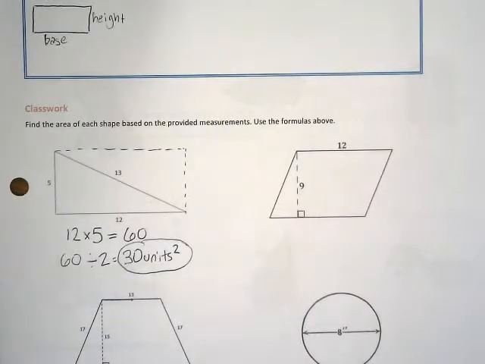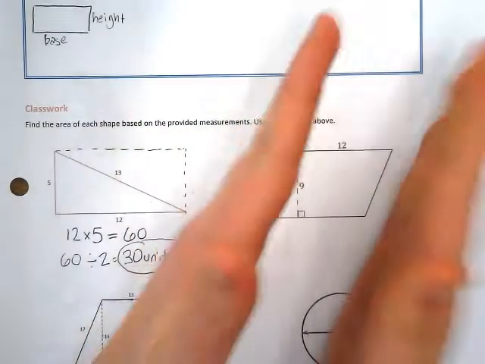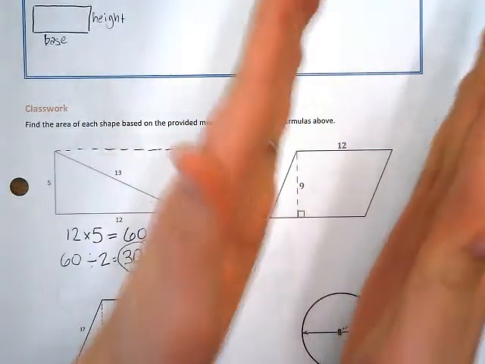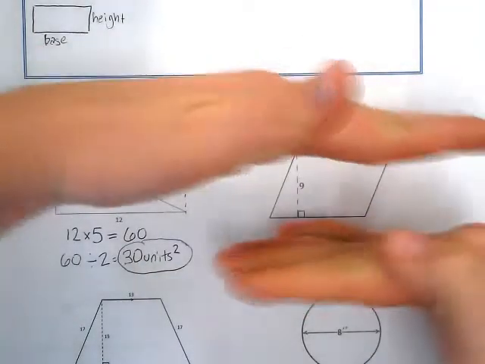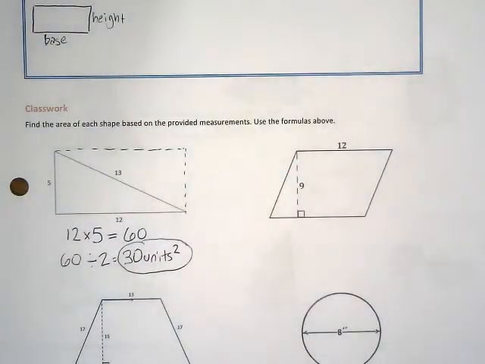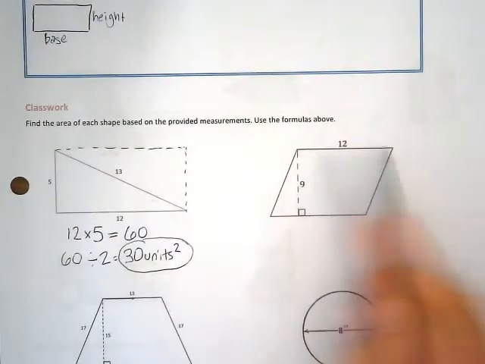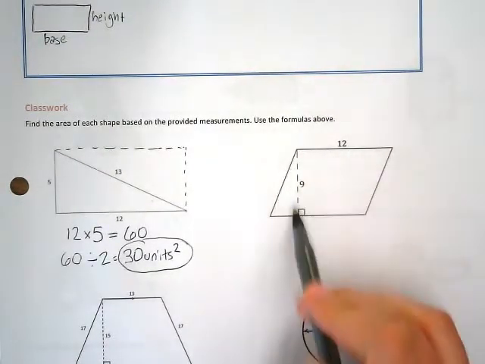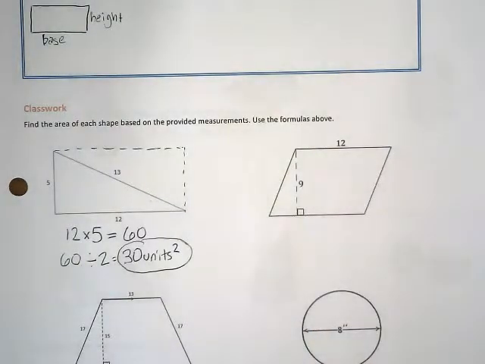So right here is a parallelogram. It means that these two lines are parallel and will never touch, and these two lines are parallel and will never touch. And when we have a parallelogram, it gives us the length of this part and the length of this, but it looks different than a rectangle.